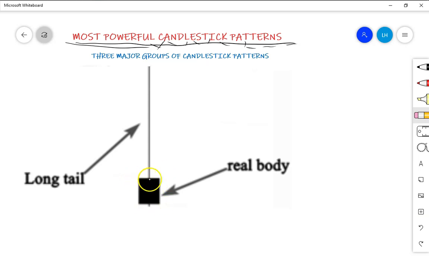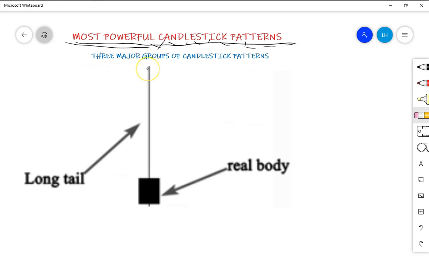If it opens higher, sellers come in and push the price down. After pushing the price down, buyers came in and pushed it up to a certain level.